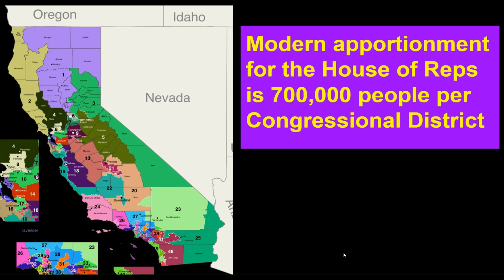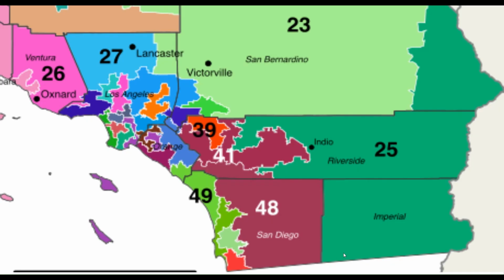So if we take a look at modern California, it has like, I don't know, 52, 53 different districts. Okay. All the districts there are in different colors. And each of those districts has around 700,000 people in each one of those congressional districts. Okay.